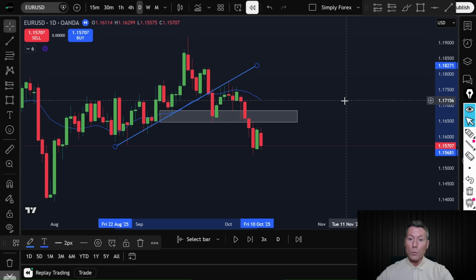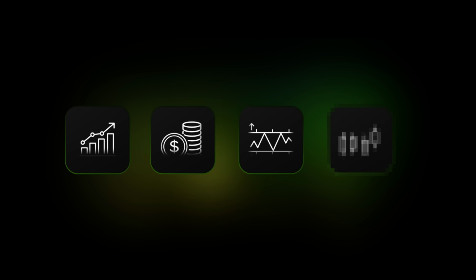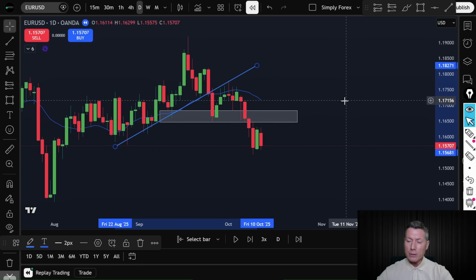The fourth thing you must understand is reading candlesticks. I don't really care about candlestick patterns. We just need to see a candle that tells us sellers are in control if we want to sell, or buyers are in control if we want to buy. But this is obviously an example of a sell trade. So we're going to play this along.